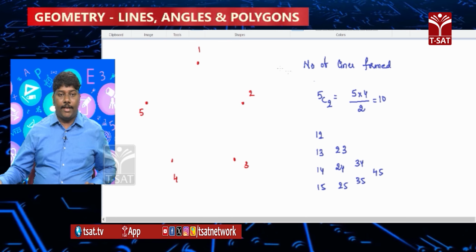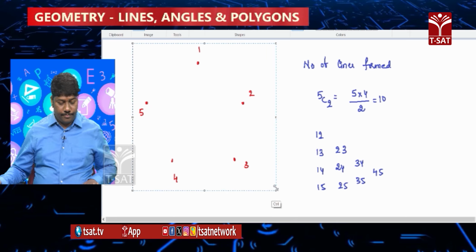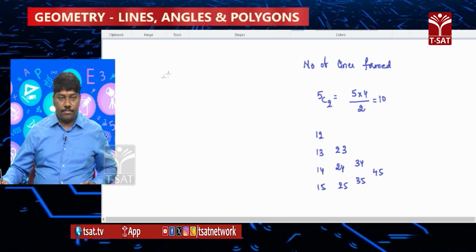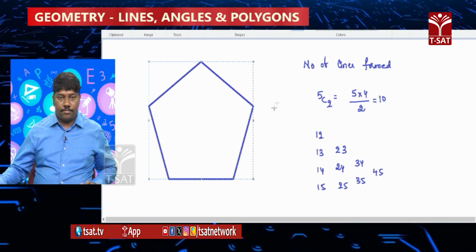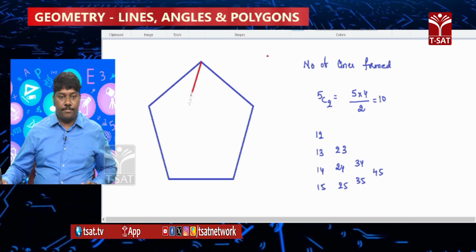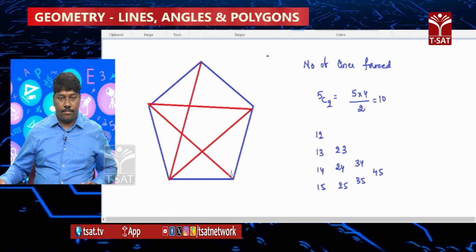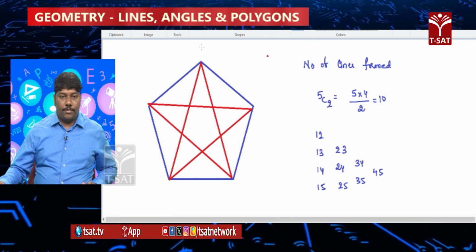We know that there are 10 lines. So what are these 10 lines? See here. The 10 lines formed are these.